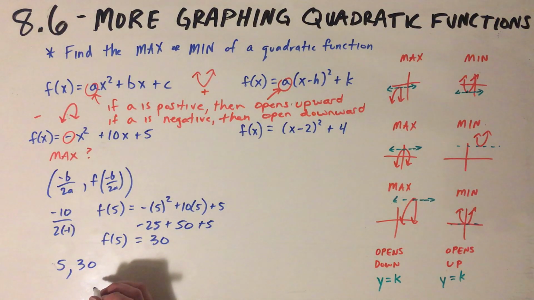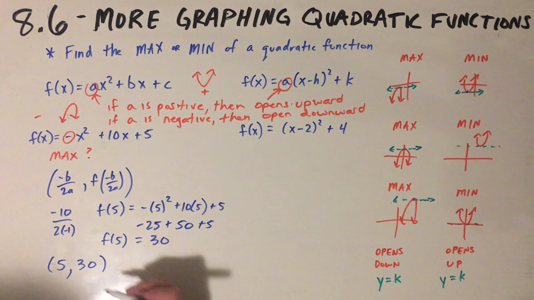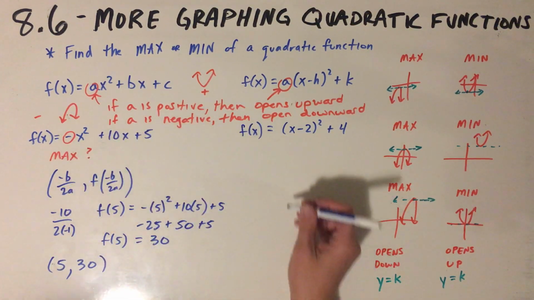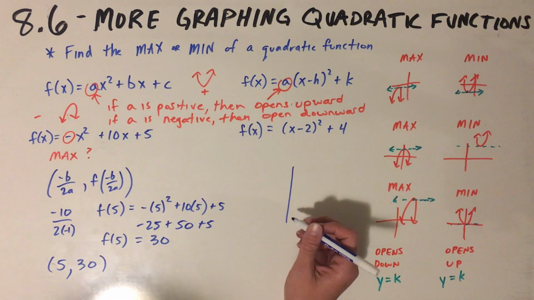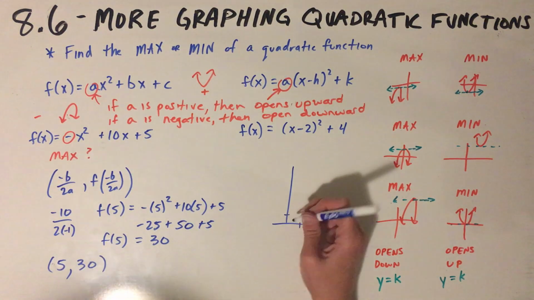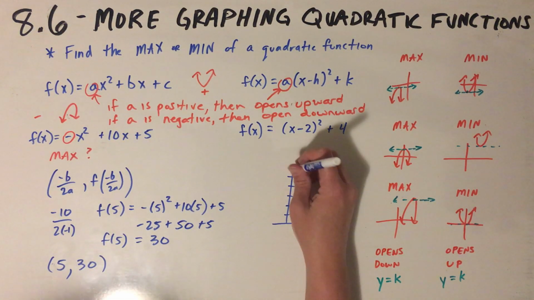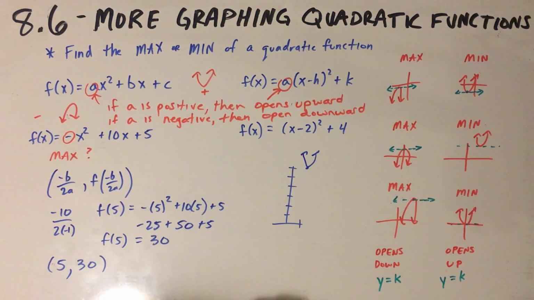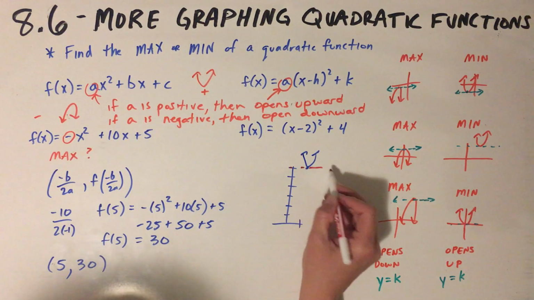All right, so if this is the case, this is going to open upward, and we know the vertex is at (5, 30). We could say that this is every 5, 10, 15, 20, 25, 30. Then this vertex is right here. It opens upward. Then our min is going to be at this point right here.